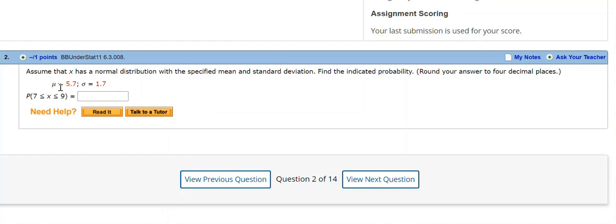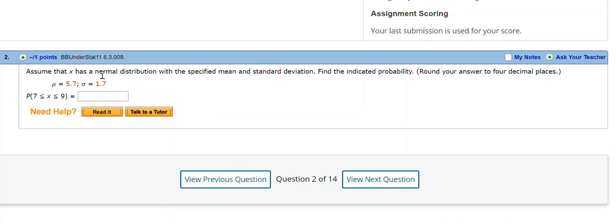Now this mean is mu, right? So this is the average of the entire population, and the sigma is the standard deviation of the entire population.